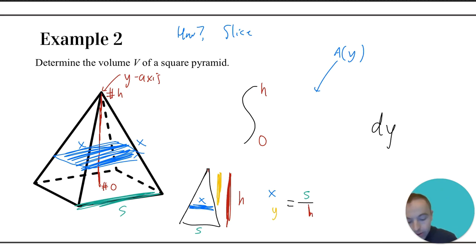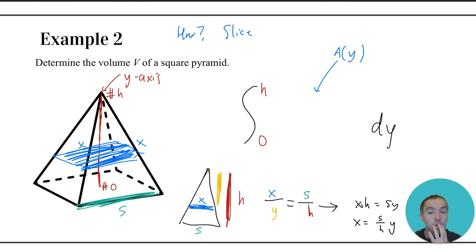And so then with that, we should actually be able to find some sort of expression that solves for x in terms of y. So by the cross product property, we would know that x times h equals s times y. And then solving for x would equal s over h times y. So we can treat s and h right there as just known constants or numbers, and then y is the variable.